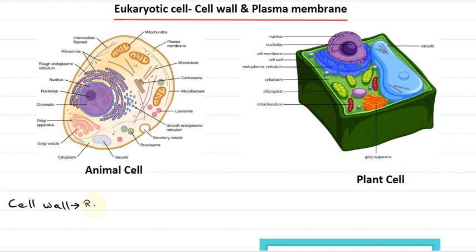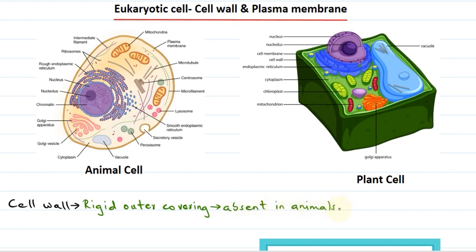It is a rigid outer covering which is present in plant cells and absent in animals.